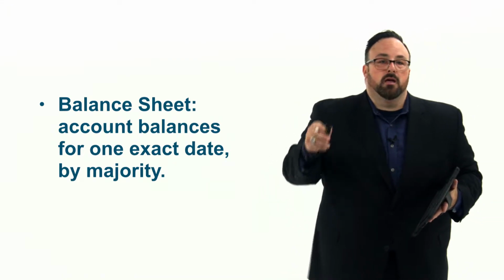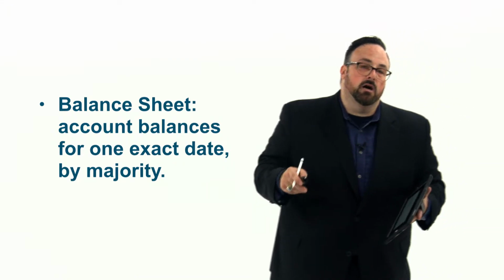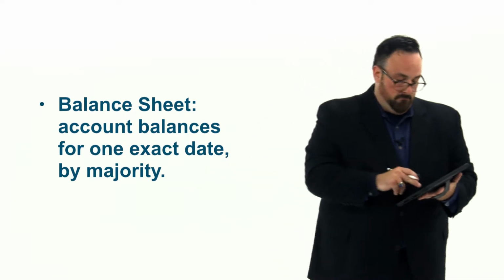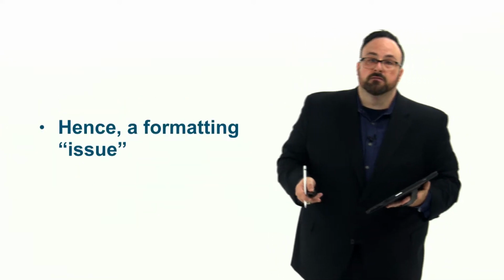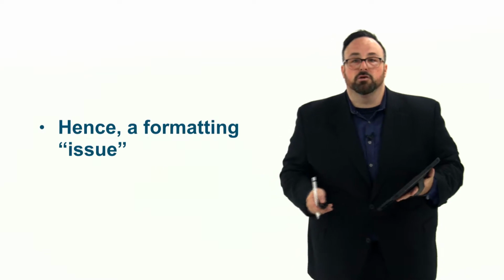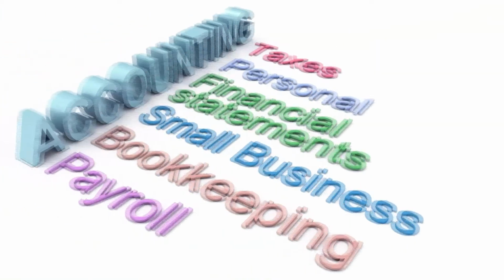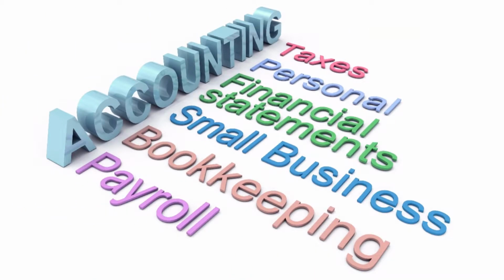As stated, the net income is over time. Hence, this can be a formatting issue. It could be an issue come tax time, preparing other financial statements for a small to large business, and especially with bookkeeping and payroll.